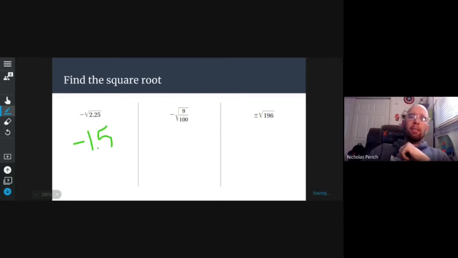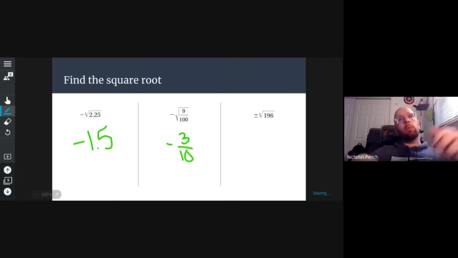That's my guess. What's negative square root of 2.25? The answer is negative 1.5. There's a negative on the outside there. Bring it out. Oh, I have a fraction. So take the square root of the top, 3, and take the square root of the bottom, 10. Done.